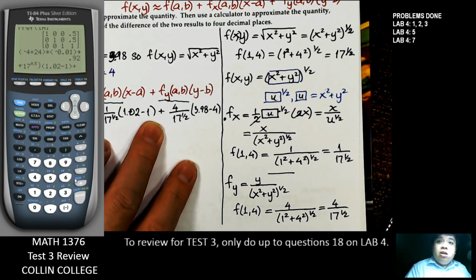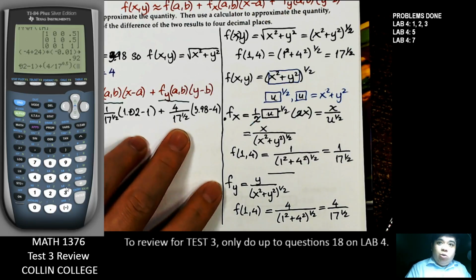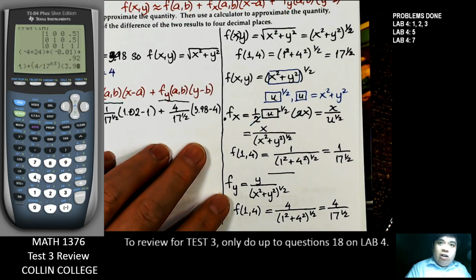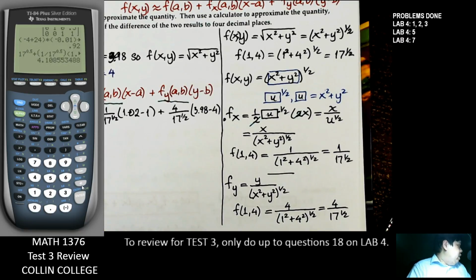And then plus 4 divided by 17 to the 1/2, and then 3.9 minus 4. Now we have 4.108 something.